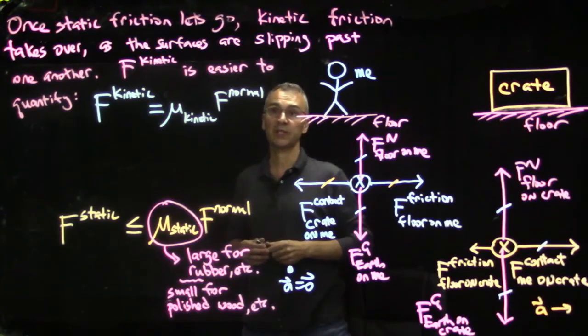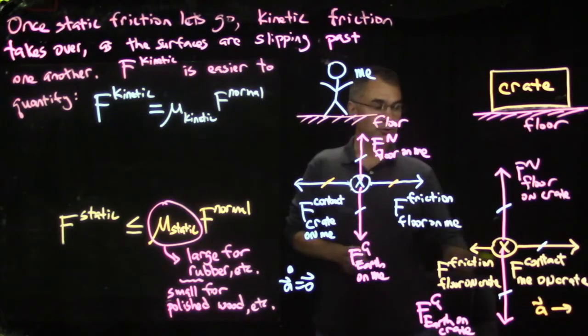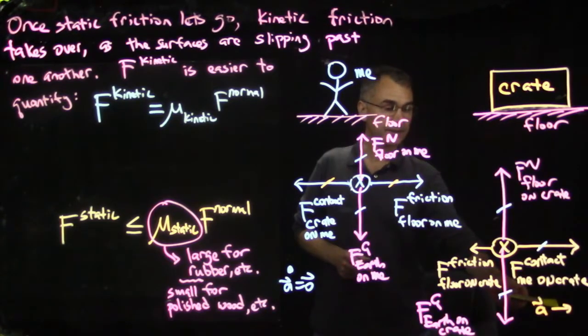And it points in whatever direction would tend to slow the relative motion of the two surfaces past each other. So since there actually is acceleration happening in this picture, and motion has already begun, this must be the force of kinetic friction by the floor on the crate.